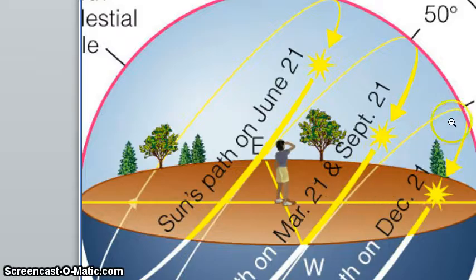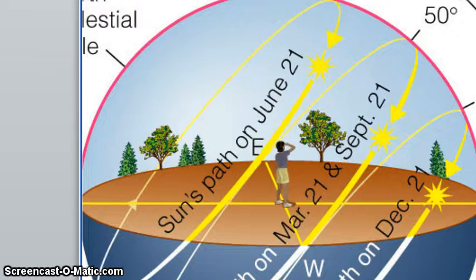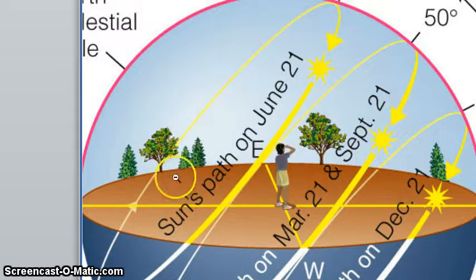Okay, we can see it as a very short path, so it's not going to be in the sky for very long. When we look at the opposite of winter, when we look at summer, it is a very, very long path in the sky, which means that the sun will be in the sky for a longer period of time. More hours of sunlight will allow the sun to heat the Earth up more.